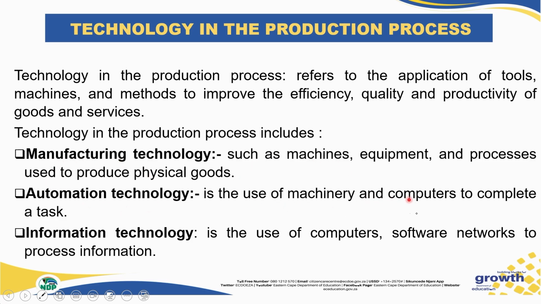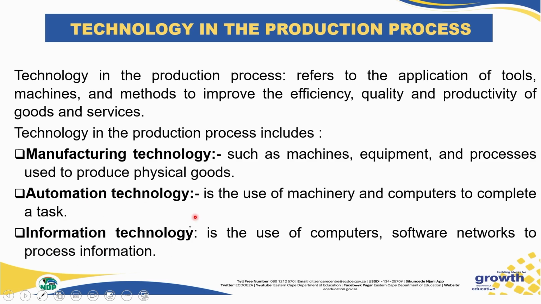We come now to automation technology. The use of machinery and computers to complete what? To complete a task. Remember, as of today, we are using technologies such as computers, for whatever test you write online, you use a computer. There are things that are being done using automation technology.